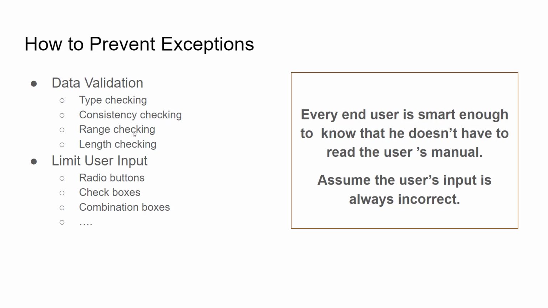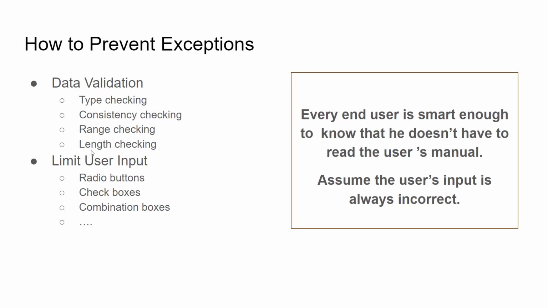The third one is range checking. For example, for age, it has to be 1 to 100, or 1 to, I guess, 110 at the most.